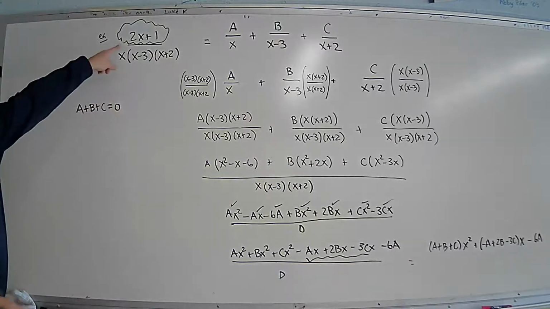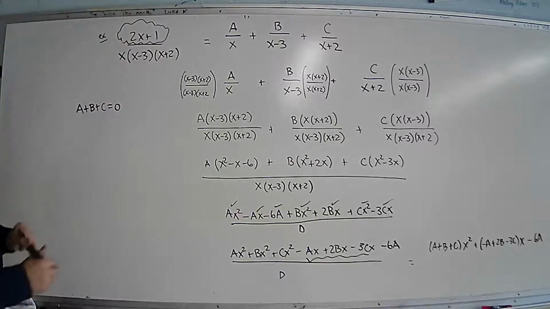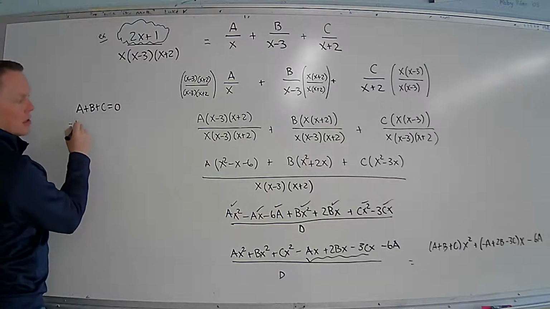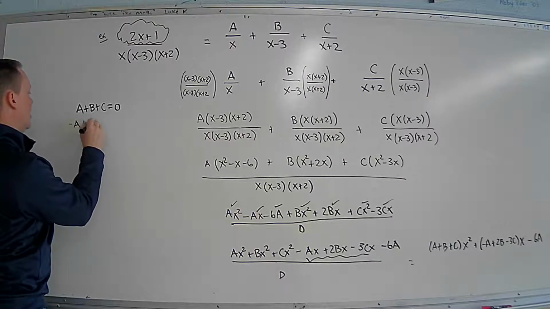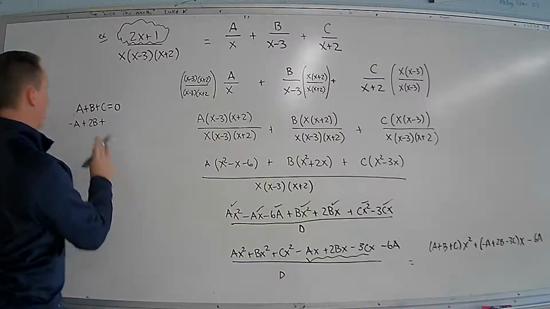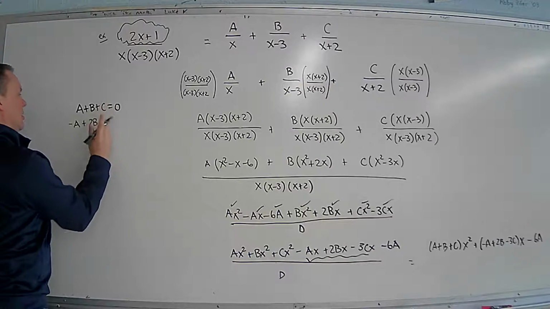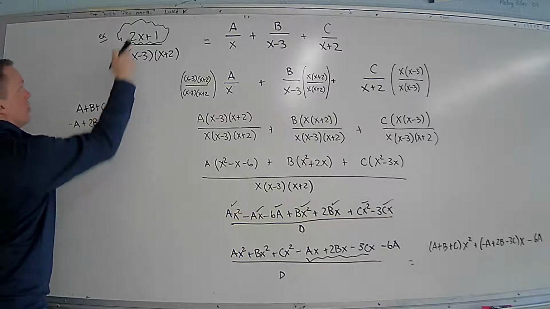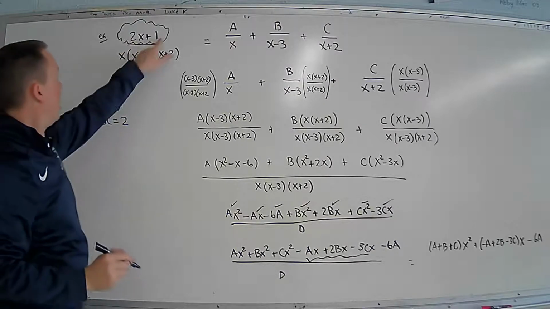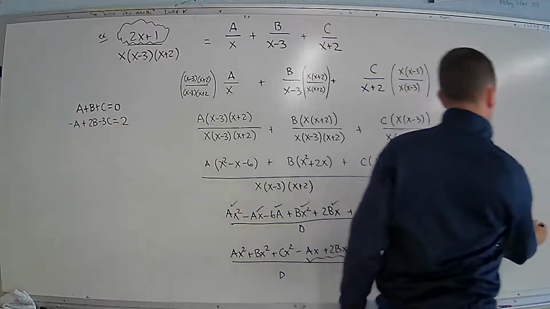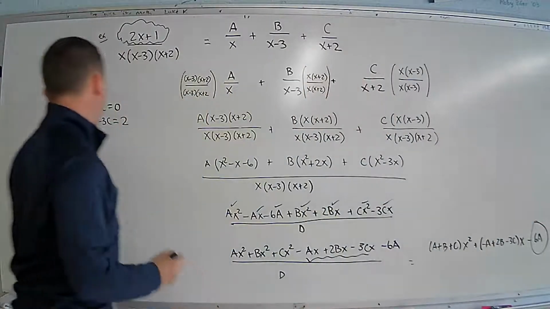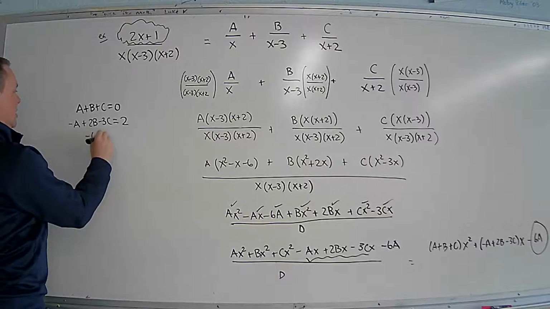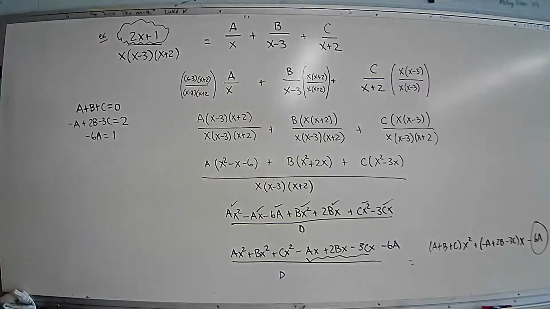What's the coefficient on x up here? It's 2. So negative a plus 2b minus 3c equals 2. And then the constant hanging out on here, we only have this guy right here. It's dictating the constant. So that's negative 6a equals 1. Okay? So there's 3 equations, 3 unknowns. Figure out what a, b, and c are. Okay?